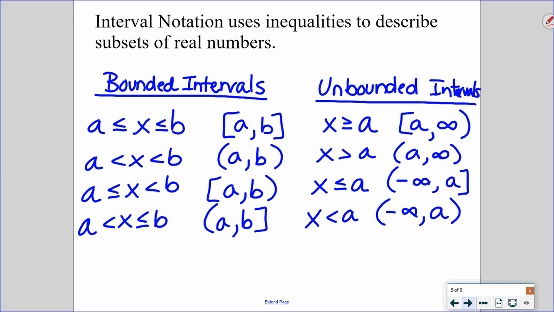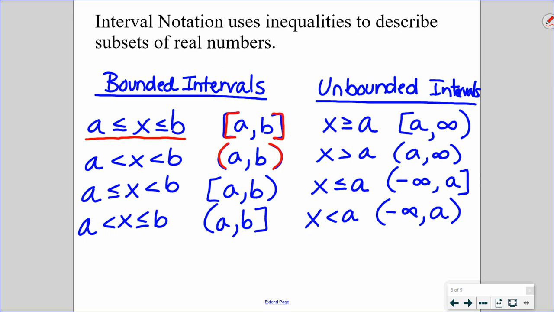So if we're saying A is less than or equal to x, and x is less than or equal to b, this would mean that we would include the endpoints in our interval, and so we would use brackets to indicate that we are including the endpoints. If your inequality is just less than, then we're not including the endpoints, and so in that case, we would use parentheses.